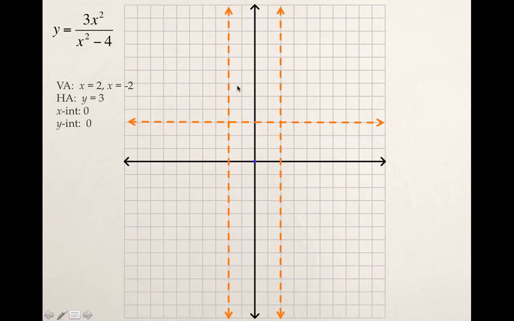So I could end up with a graph that looks cubic in this middle section with a shelf, or I could end up with a graph that looks parabolic, like a quadratic parabola in this section. I don't really know which one it's going to be until I test a few points. But because this is happening in the middle of my graph, it is okay for me to cross this asymptote.